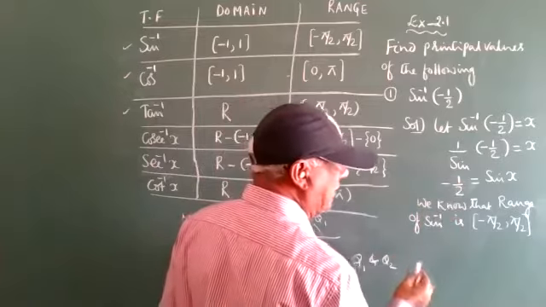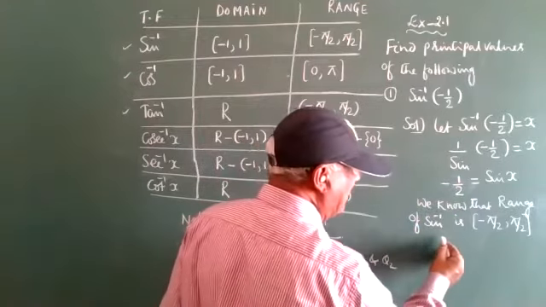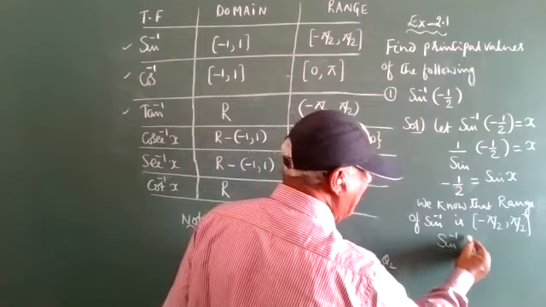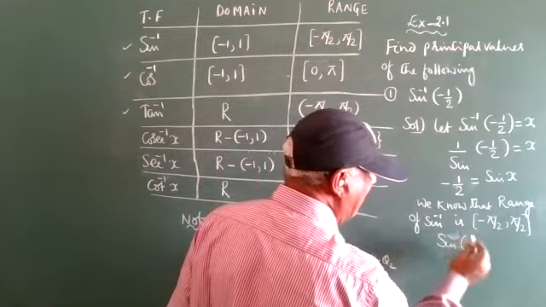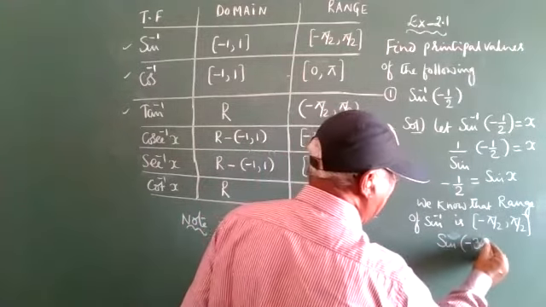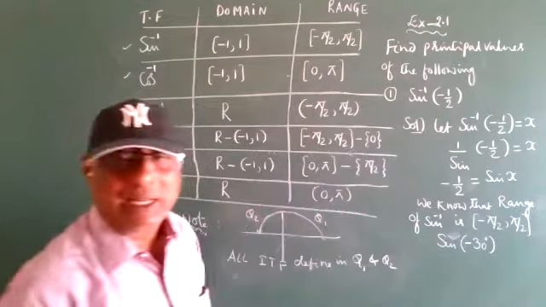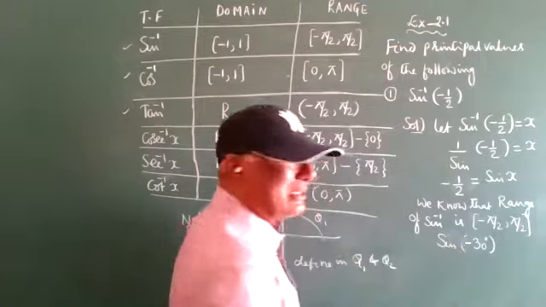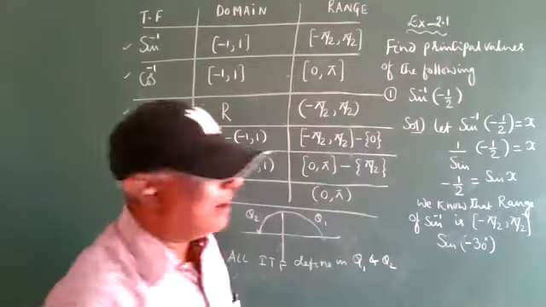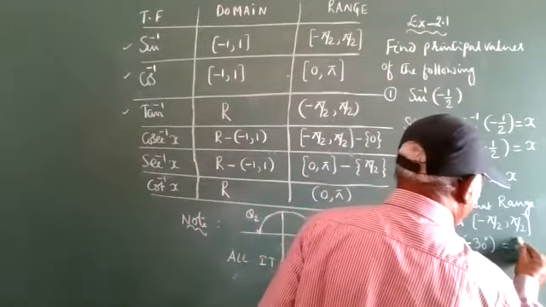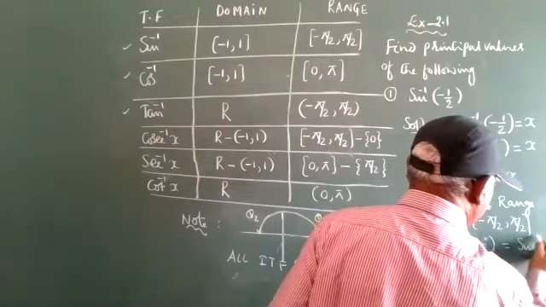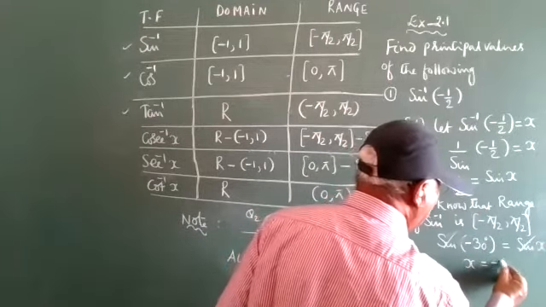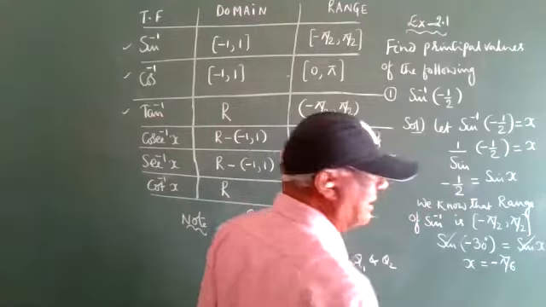So minus 1/2 is the sine of minus 30 degrees. Minus 1/2 is equal to sine x, and 1/2 being sine 30 degrees, the sine cancels. So x, the principal value, is equal to minus pi by 6.